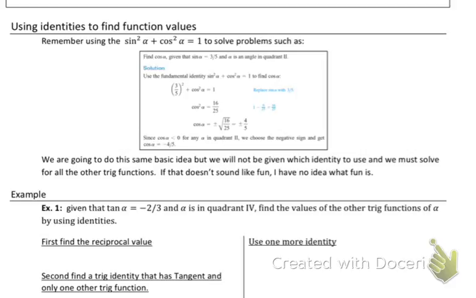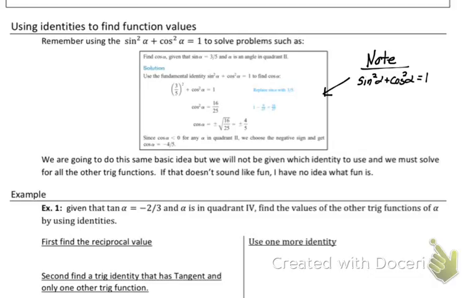Before we get into the next thing, I want to put a little note to myself. This can help you, or you might not use it at all. This problem could have been solved a little quicker by manipulating the formula first. We know that sine squared alpha plus cosine squared alpha equals 1. At the very end, I want to have cosine alpha by itself.